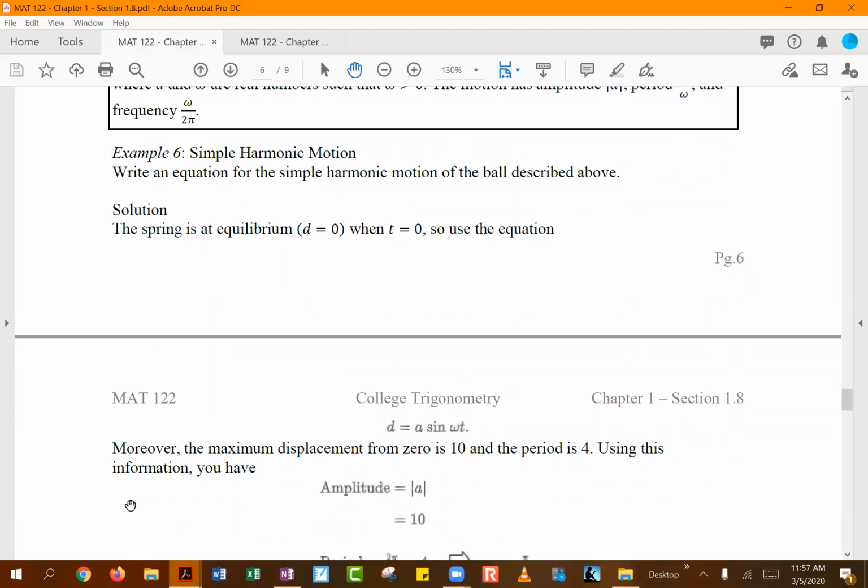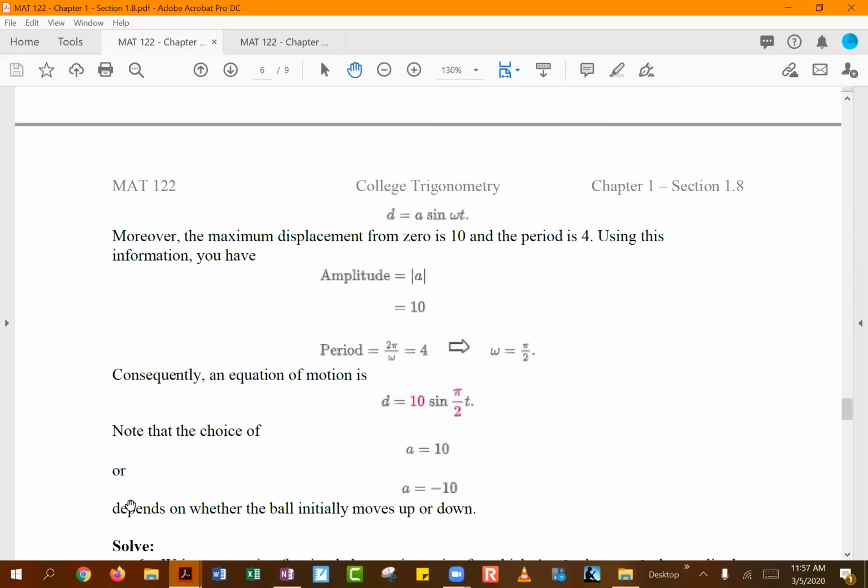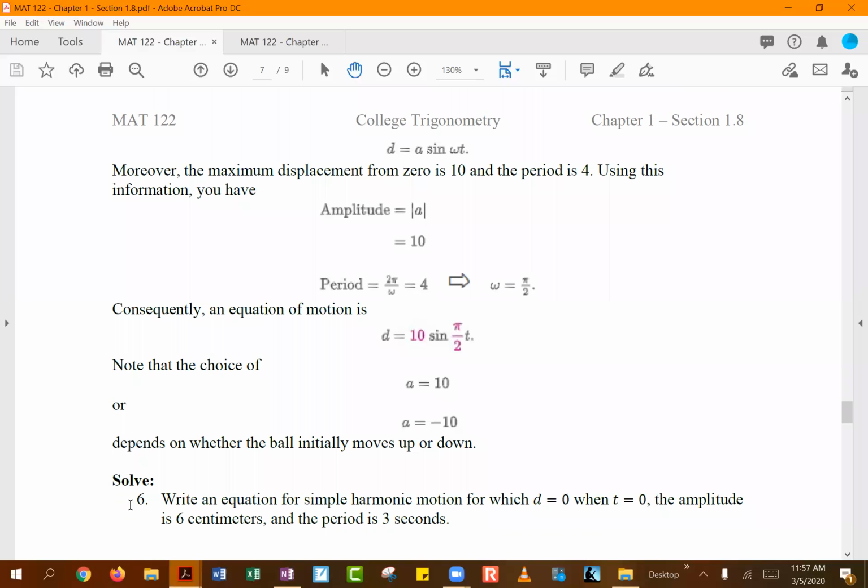Okay, so just as an example here for that same ball that you have above, they're talking about the spring being at equilibrium, which means you haven't moved the spring, your distance is 0, and your time is of course 0 because you're at the starting point. So if you have that, and we're using the sine function here, we know we have a maximum displacement of 10 centimeters, so that's going to be an amplitude of 10.